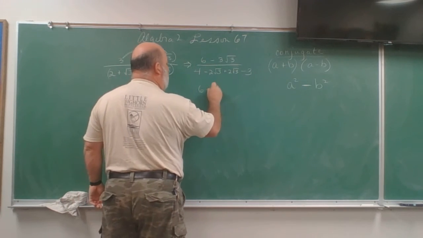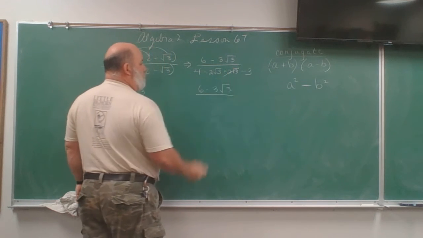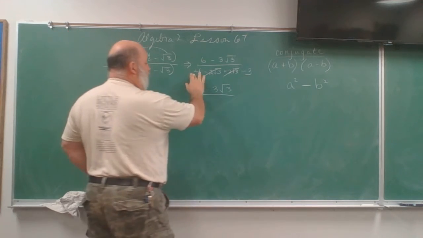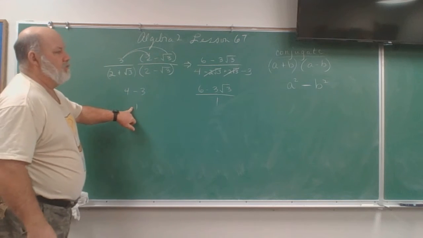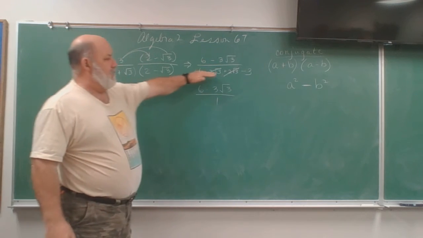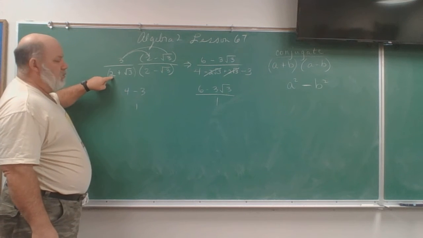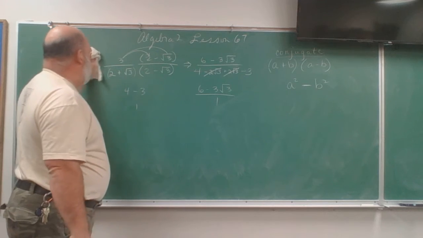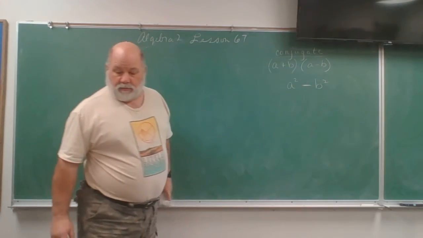I have 6 minus 3 square root of 3 in the numerator. This 2 square root of 3 and this negative 2 square root of 3 eliminate, and I have 4 minus 3, which is 1. I told you it was going to be 1. Now we could have avoided this multiplying out if you just remember that it's always the first one squared minus the second one squared.